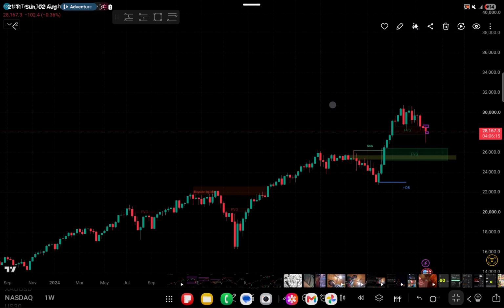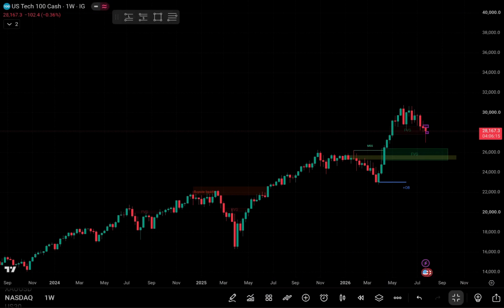Alright. So we see now on the weekly time frame that the market has been going in an uptrend, and it's not showing any signs of slowing down. It is steady though, so it's picking up enough liquidity while still continuing up.